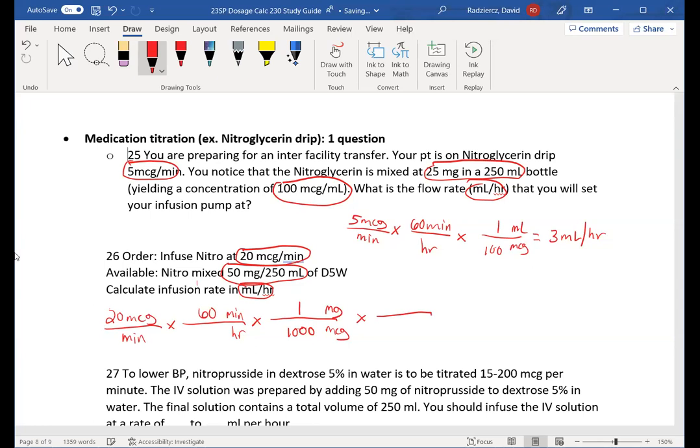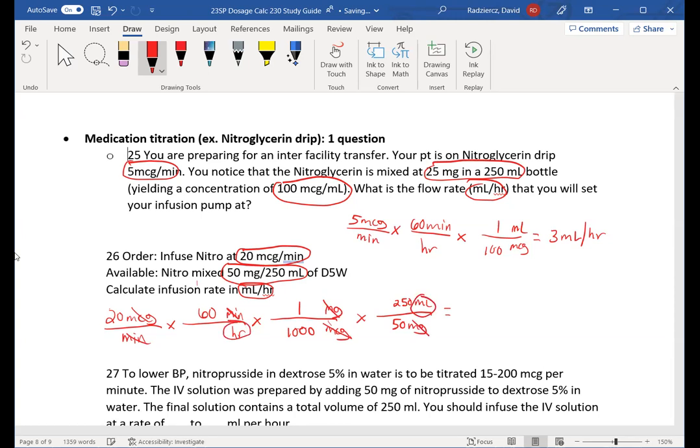Now I can account for my available: 50 milligrams, 250 ml. Make sure I did everything right. So minutes, gone. Micrograms, gone. Milligrams, gone. What am I left with? Milliliters and hours.